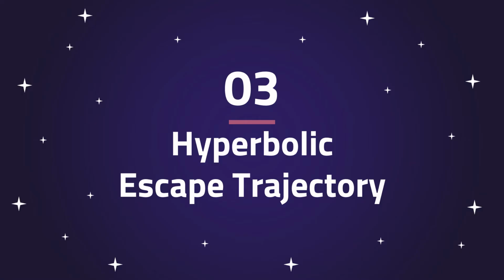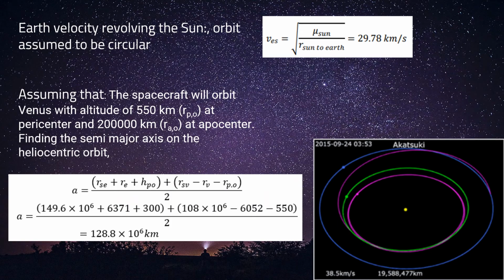We have now arrived at the third part, which is the hyperbolic escape trajectory. The Earth's velocity revolving around the Sun, which is assumed to be circular, can be seen on the top right, which gives us 29.78 km per second.